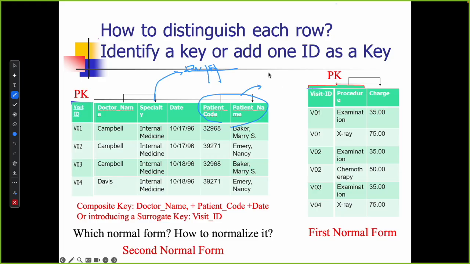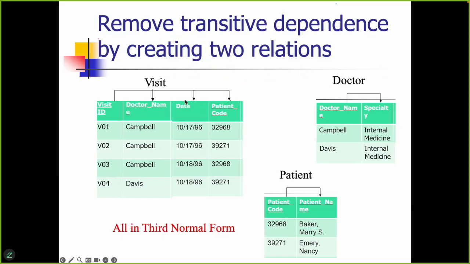So this is how you normalize it. And then what is left is visit ID, doctor name, date, and then you also have to add the foreign keys to each table because there are relationships between these. So that is how we end up with these tables here.